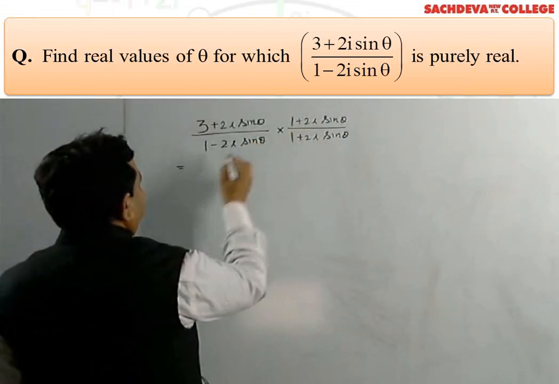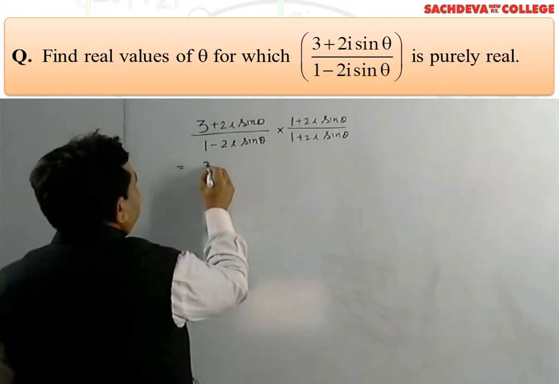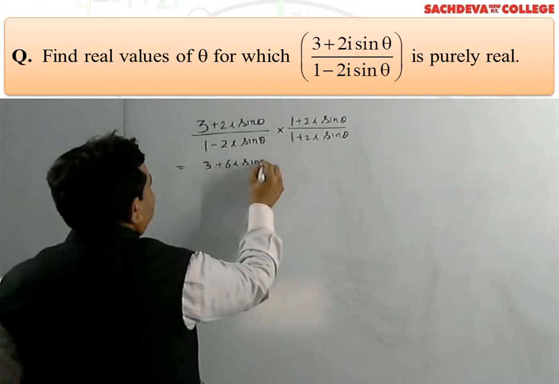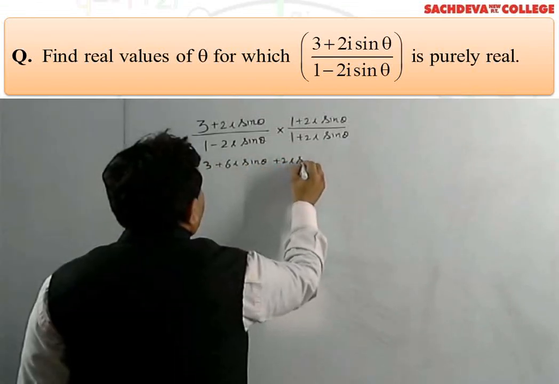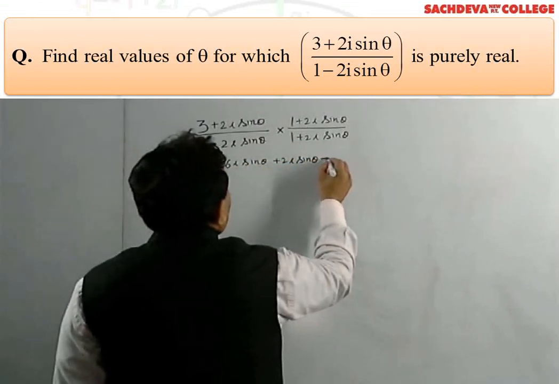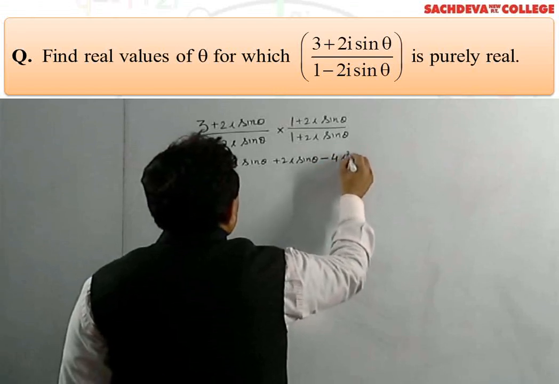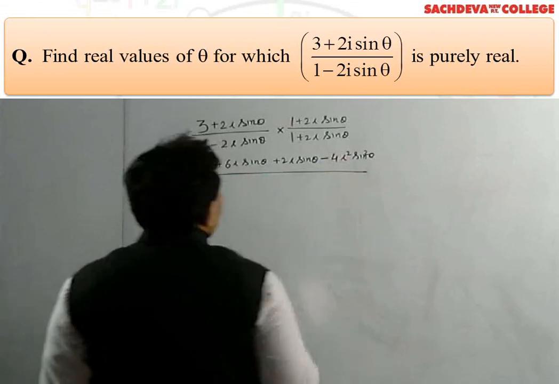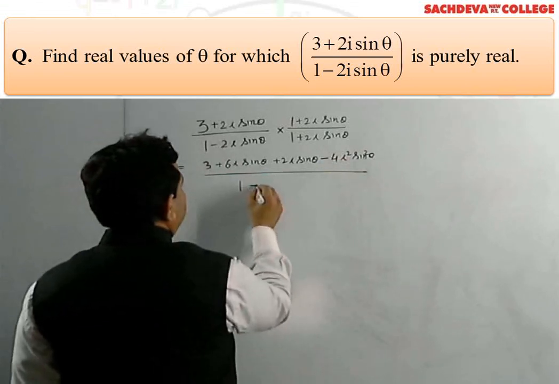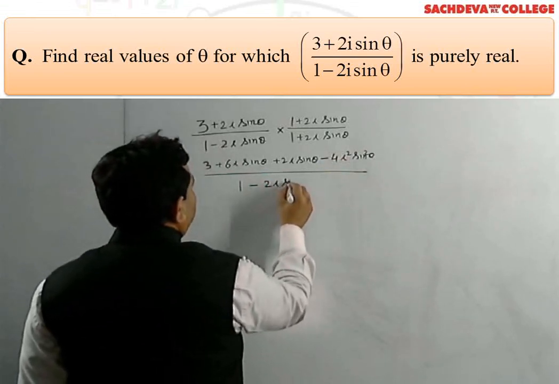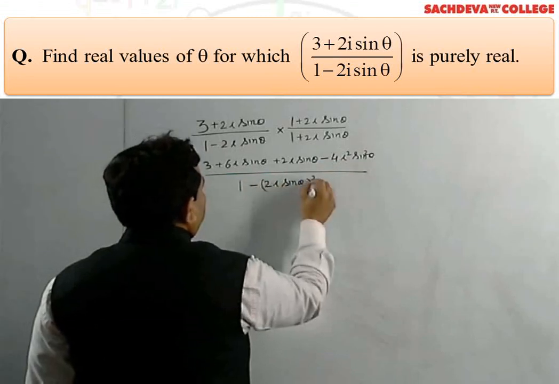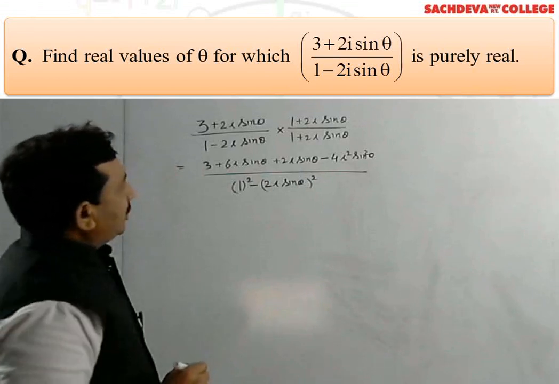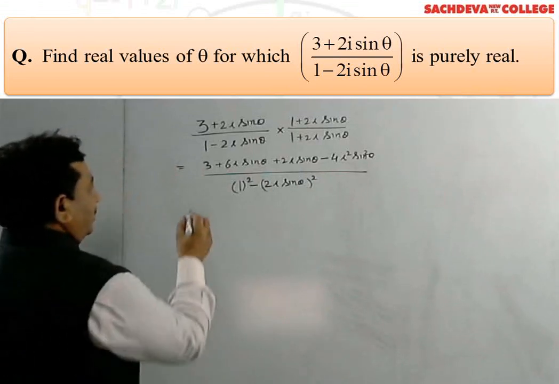So in the numerator we find 3 + 6i sin theta + 2i sin theta - 4i^2 sin^2 theta, and in the denominator we find (1 - 2i sin theta) times (1 + 2i sin theta), 1 square minus this, because (a + b)(a - b) is a square plus b square.